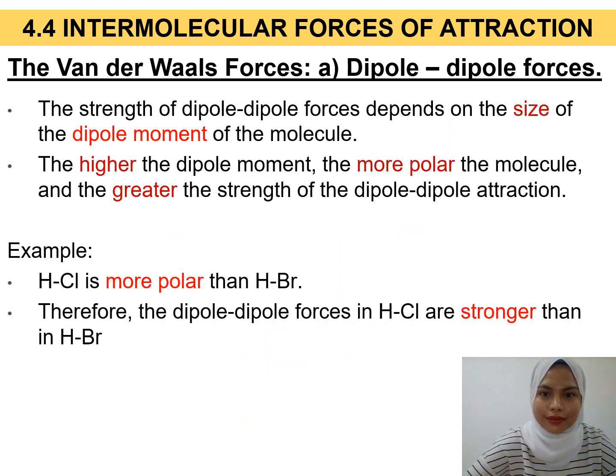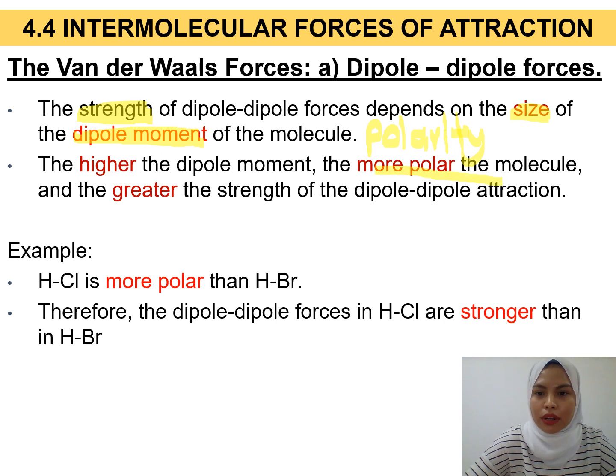Okay, kalau you nak tahu the strength, kekuatan dipole-dipole forces tu, dia actually depends kepada the size of the dipole moment of the molecule, ataupun dia depends kepada polarity of the molecule. Sebab apa? The more polar the molecule, semakin polar the molecule, semakin greater the strength of dipole-dipole attraction.